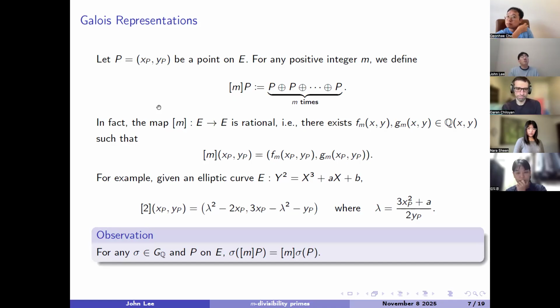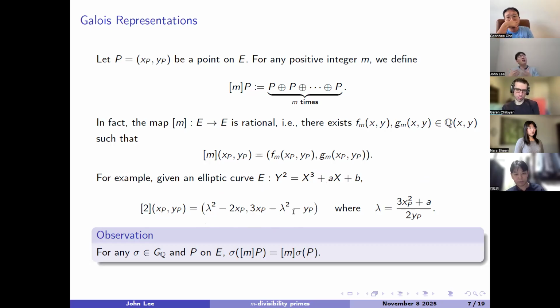In fact, this map is rational. That means you can find some rational functions, fm, gm, with all the coefficients rational, so that this multiplication by n map can be understood as evaluating fm and gm at the xp and yp coordinates. So for example, this multiplication by 2 map can be written pretty simply, where lambda is (3xp squared plus a) over 2yp, where a is the coefficient here.